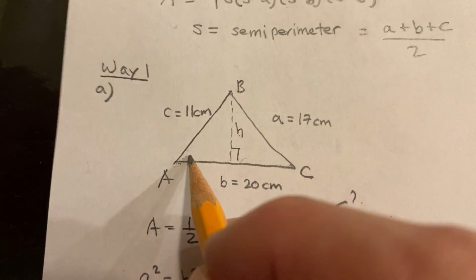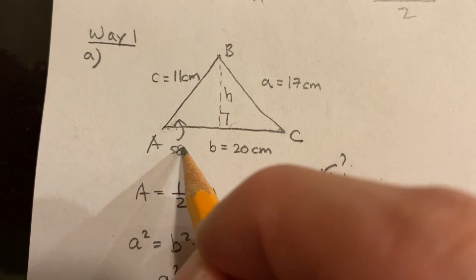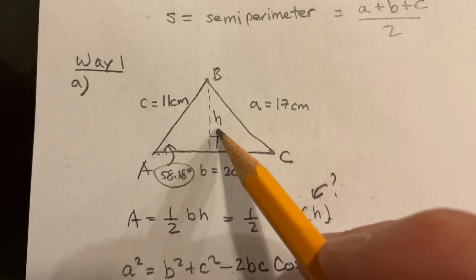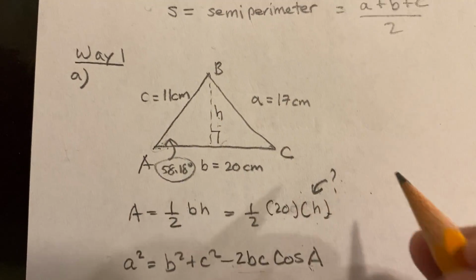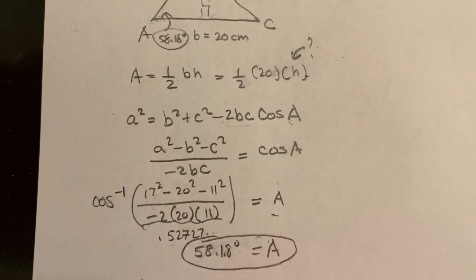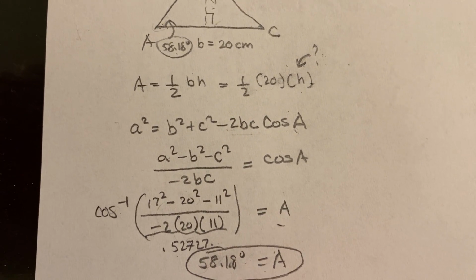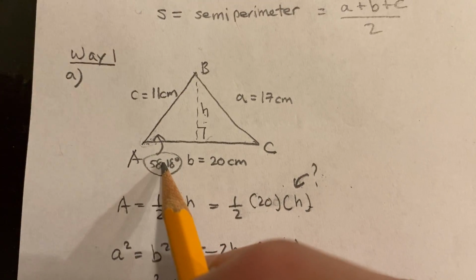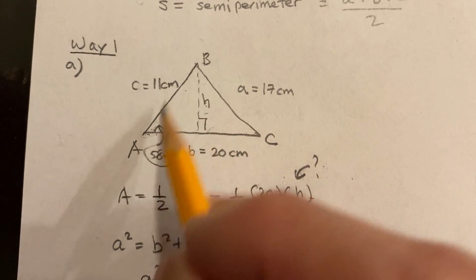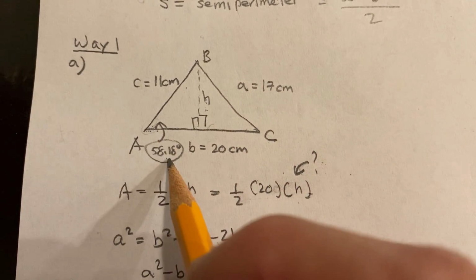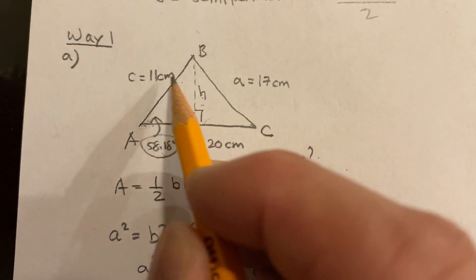And now that you have this angle, you can label it. It's 58.18 degrees. You can now find the height of this triangle. How do I find the height? You would say sine of angle A, which is 58.18. Sine of this angle is opposite over hypotenuse. So you're not using law of sines, you're just using the right triangle trick. Sine of 58.18 equals opposite h over 11.